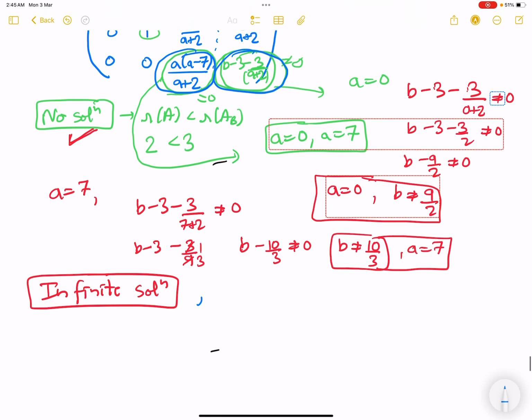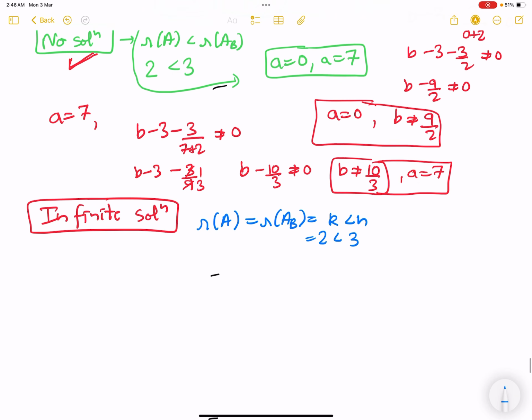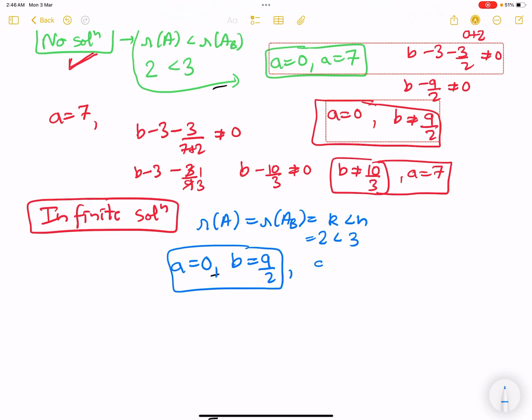So that would be when rank of A equals rank of A augmented B, and that is equal to K, which is less than N. So in this case, this is equal to 2, which is less than 3. So it would be possible when a is 0 and from the above case itself b is 9 by 2. Similarly, second case, a is 7, b is 10 by 3.